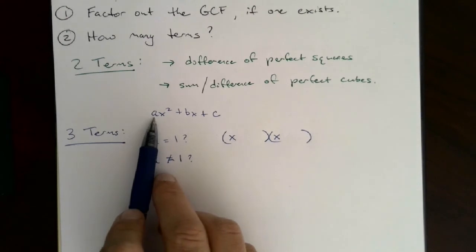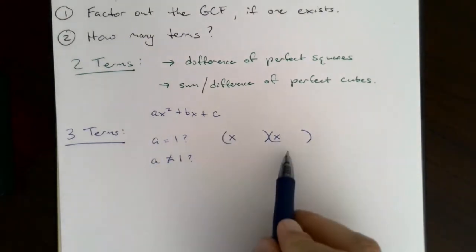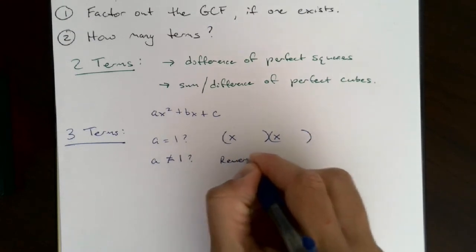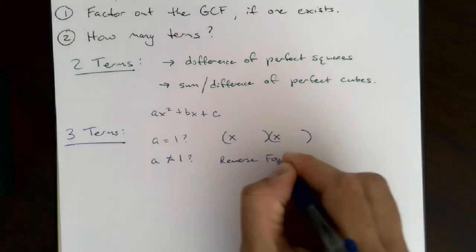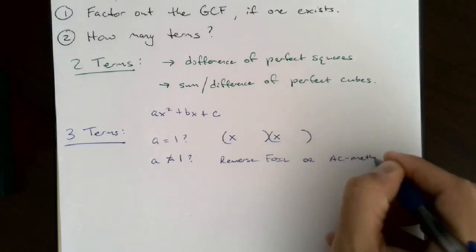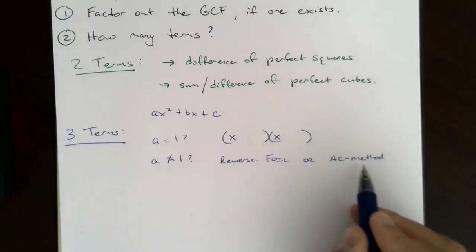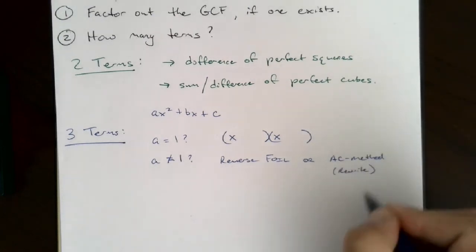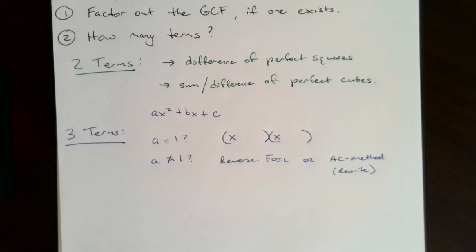then you have a different value here. You could still use reverse FOIL or the AC method. Remember, the AC method is a rewrite method where you rewrite the middle term, and then you'll have 4 terms.